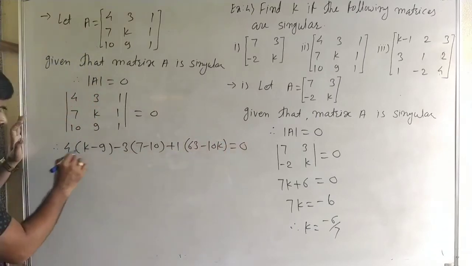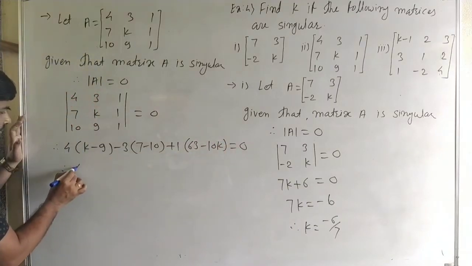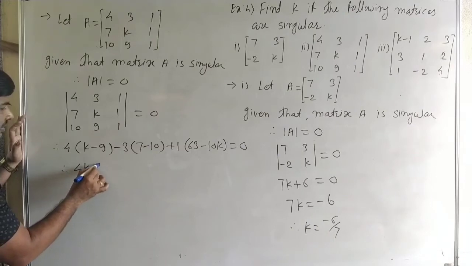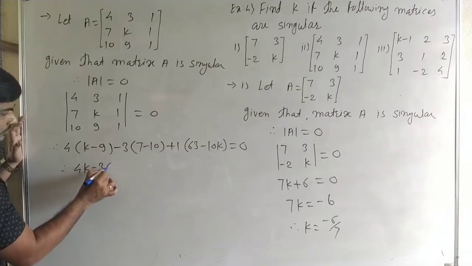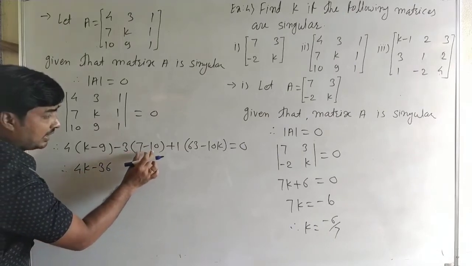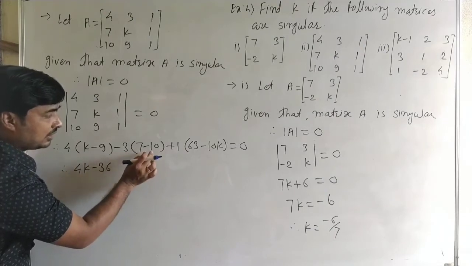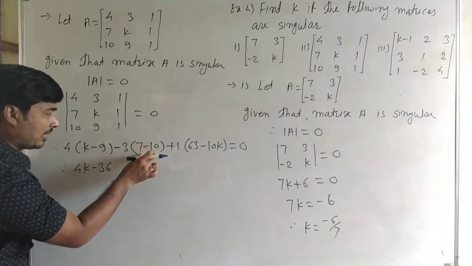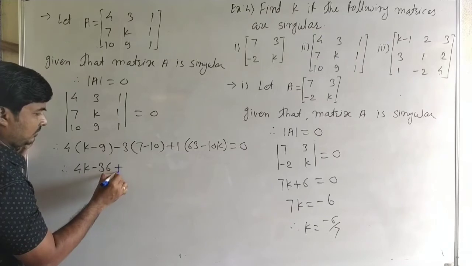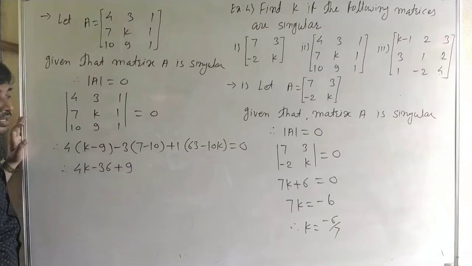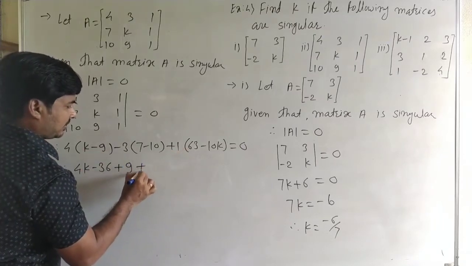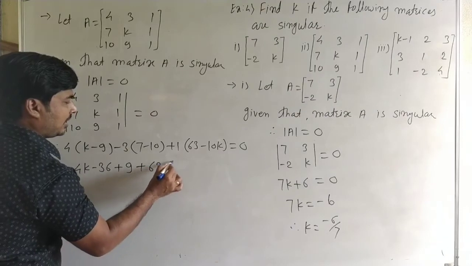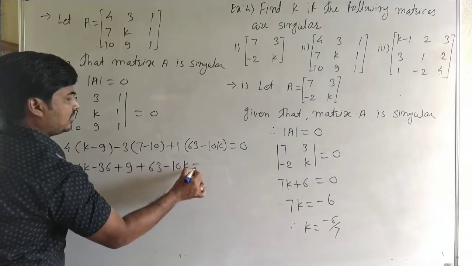Now calculate this. It is 4k minus 36, then 7 minus 10 is minus 3, minus 3 into 3 is plus 9, and again plus 63 minus 10k is equal to 0.